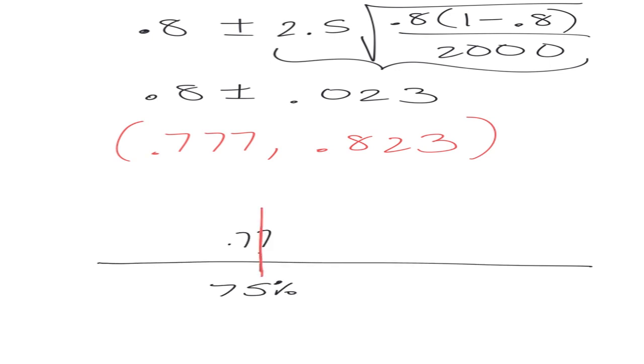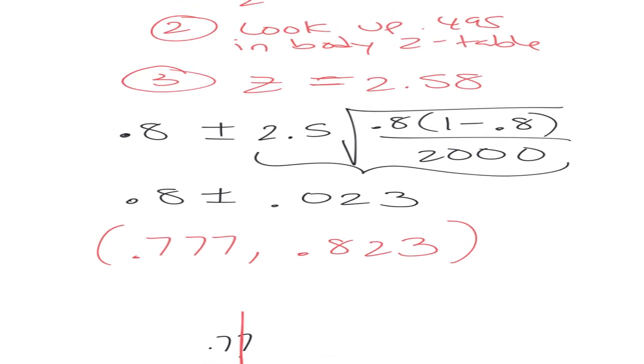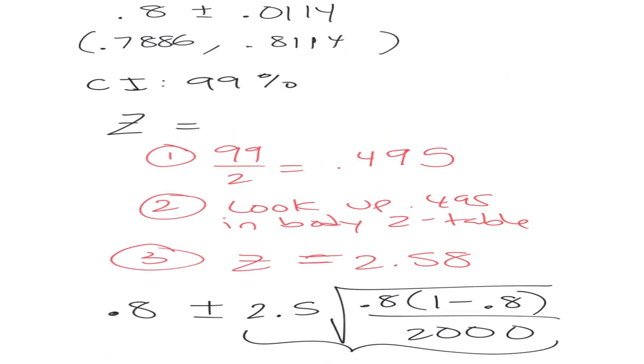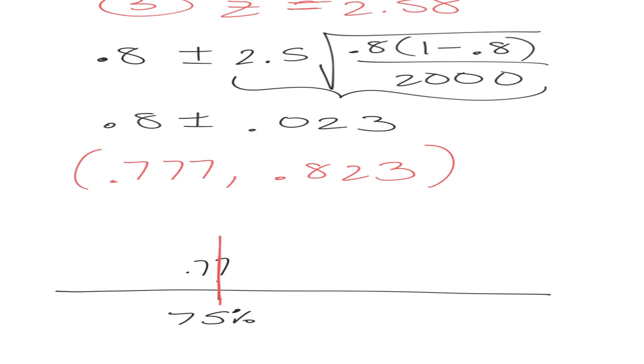At the 80% level, we have quite a small confidence interval, between 0.7886 and 0.8114.